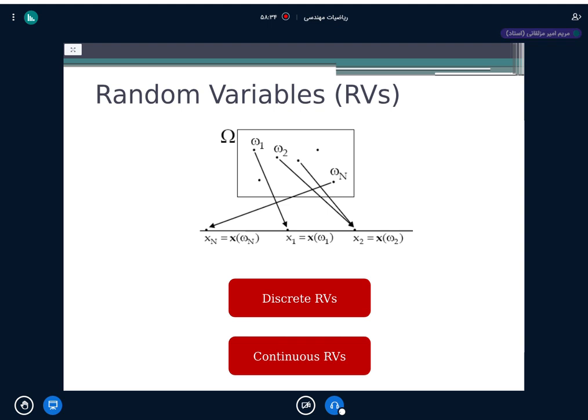But you should pay attention that random variables may be discrete or continuous. You should differentiate in your mind between discrete random variables and continuous random variables. It is clear that discrete random variables take discrete values and continuous random variables take continuous values.